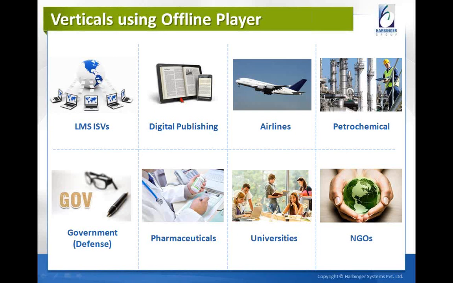In government defense, a large defense organization is using offline player, where we have provided them 2 stages of offline player. Their troops are located at multiple places. So at the troop unit level, we have provided offline functionality so that this unit level LMS could download content from the central server and make it accessible for their learners.